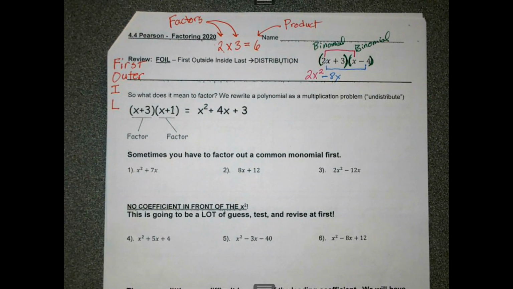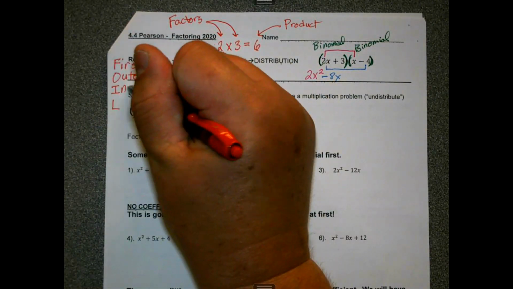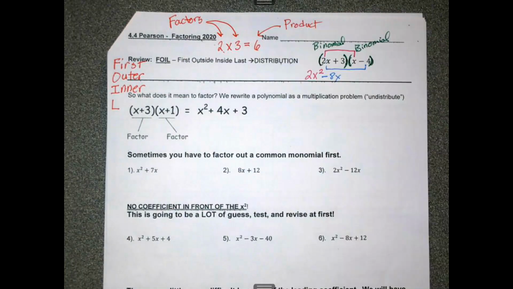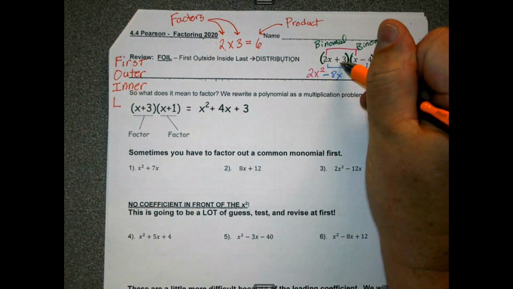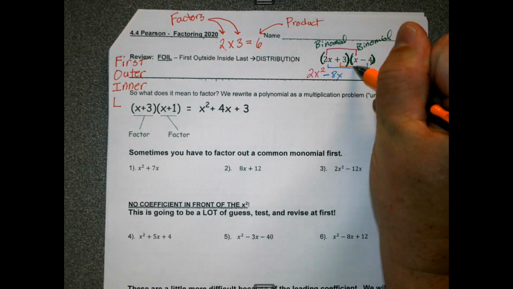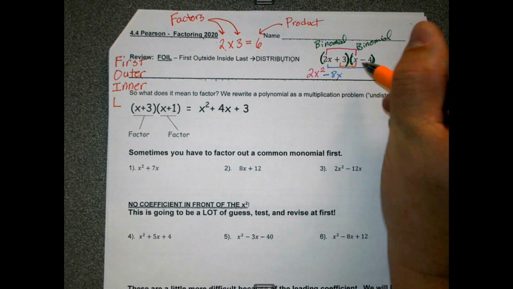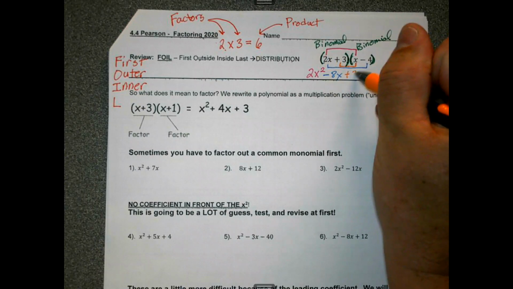And then I'm going to do the inner terms. I'm going to take the inner term positive 3 and multiply it by the inner term x to get positive 3x.